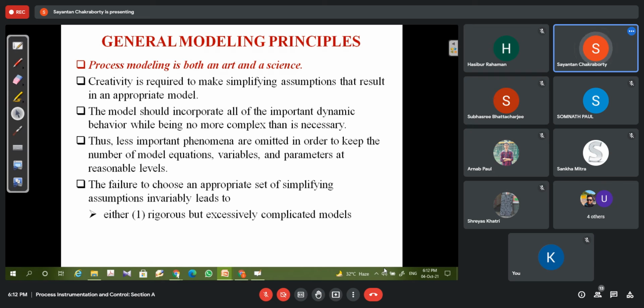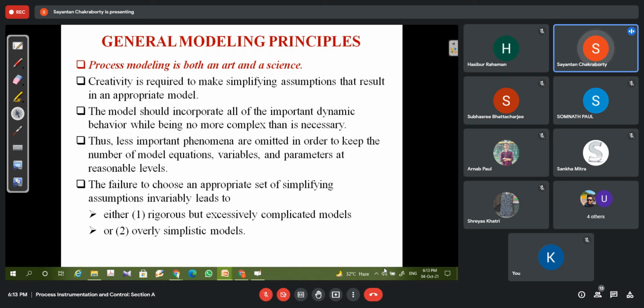You have taken into account all the factors, be they important or less important. That's why the model has become very complicated. So that is a failure. Or, if you have wrongly chosen the important dynamic behavior and missed many of them, your model has become overly simplistic, so it is far away from reality.